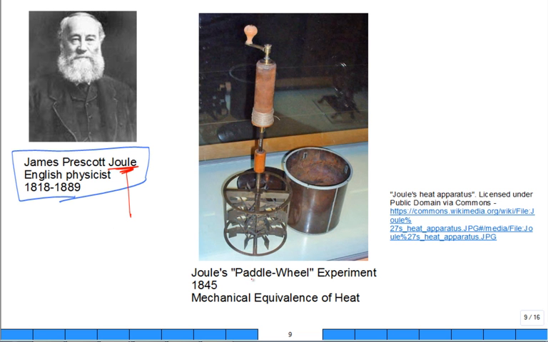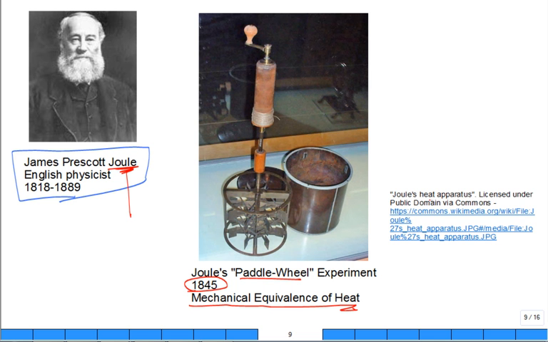He did a paddle wheel experiment. What year did Rumford do his cannon experiments? What's the difference? 40-some years later? 47 years later. That's a long time. People are still struggling with this. And he published about the mechanical equivalence of heat. So it hadn't been settled, but this pretty well settled it.